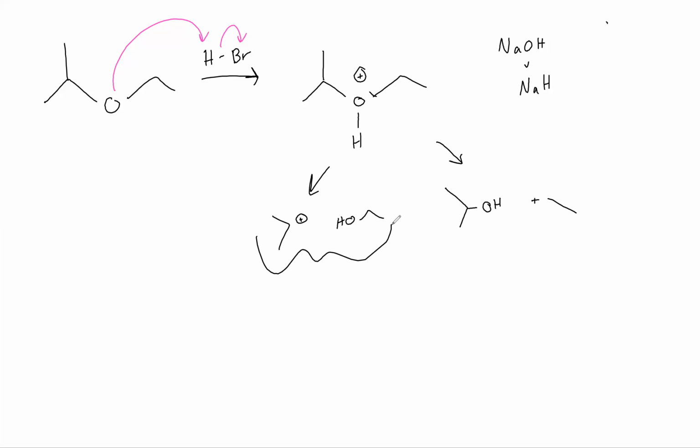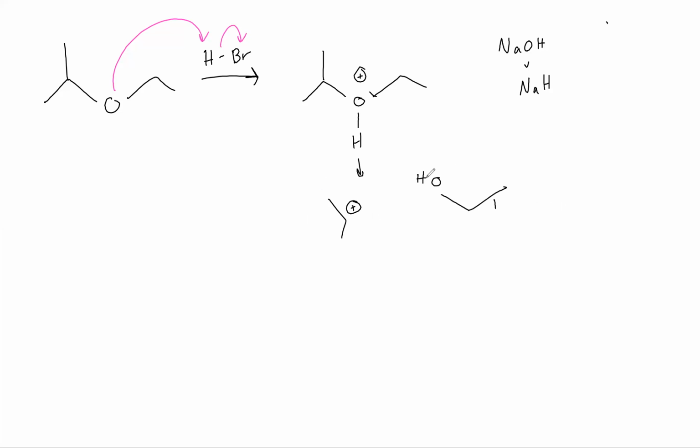So what will happen is, that leaving group will leave. We end up with this carbocation plus this alcohol right here. The carbocation is attacked by that residual Br. And then we have cleaved the ether into two, an alcohol and an alkyl halide.